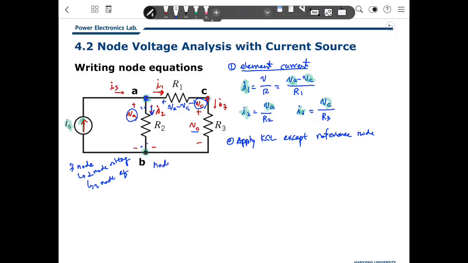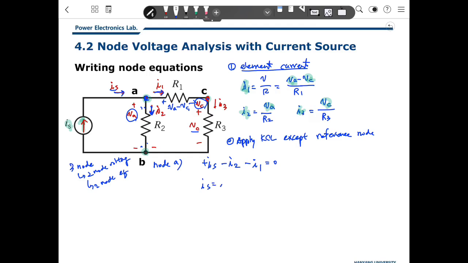So at node A, we can have a KCL. When you define the positive value as going into the node A, because IS is going into node A, this is plus IS, and I2 is defined going out from node A, so this is minus I2, and I1 is also defined going out of node A, so this is minus I1, equal to 0.